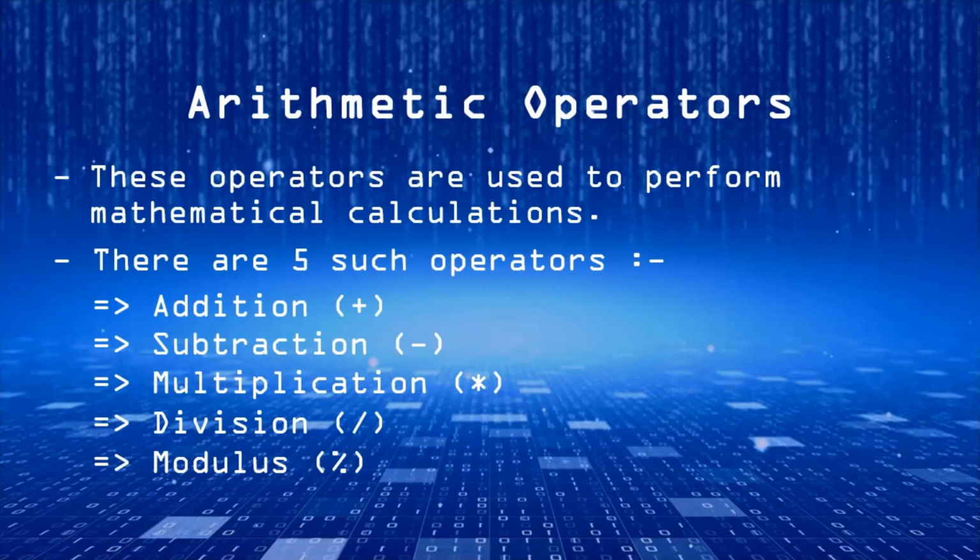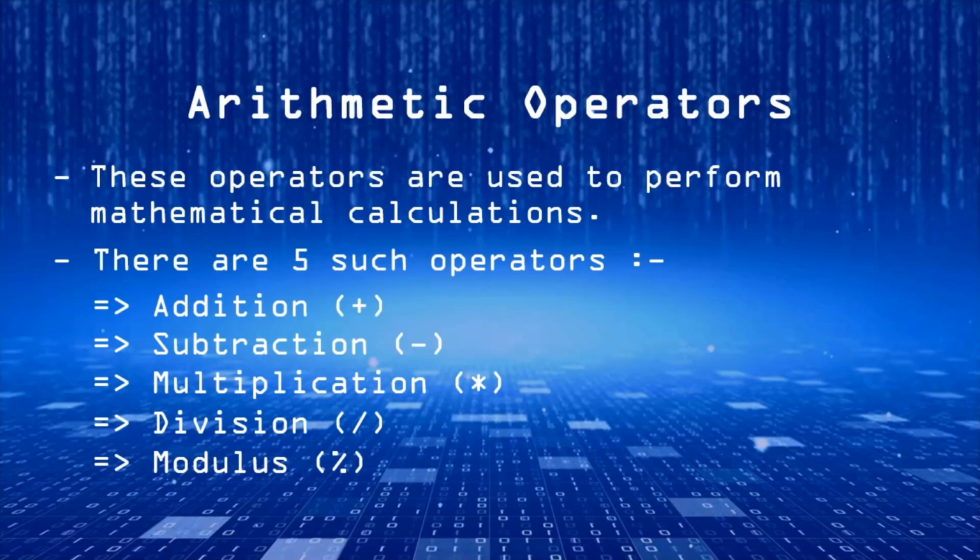And modulus is pretty different from the others. For example, we have a number like 50, or let us say 51, and if we apply modulus to 51, for example, if we write 51 modulus 2, what it will do is perform division, and whatever the remainder is, it will return it to us.